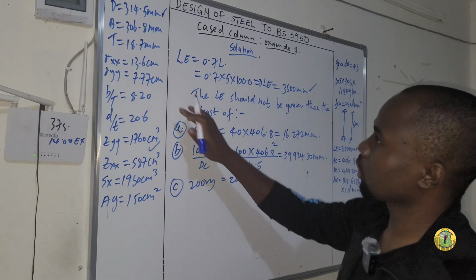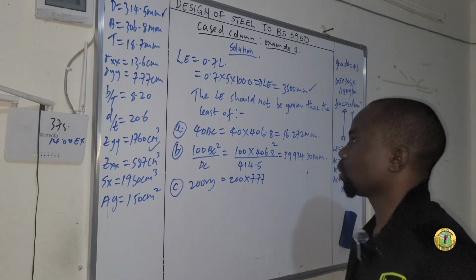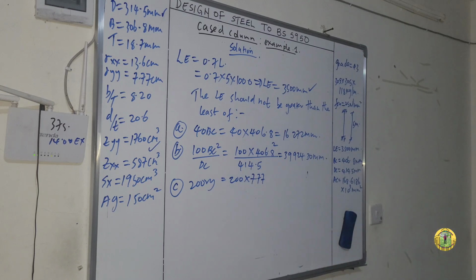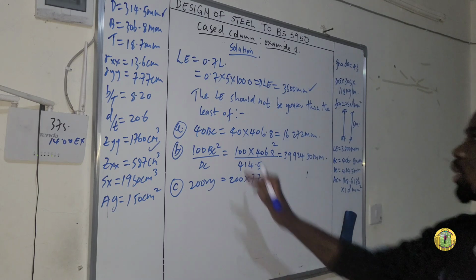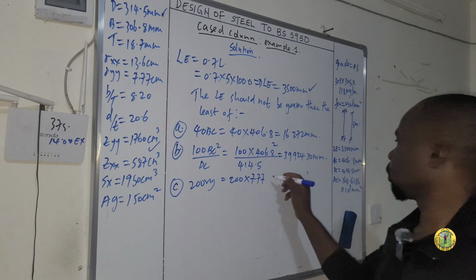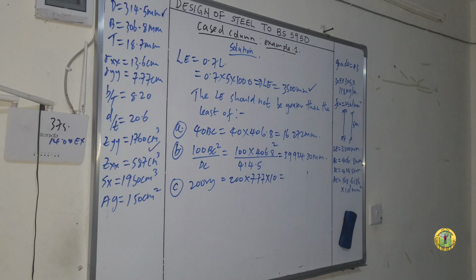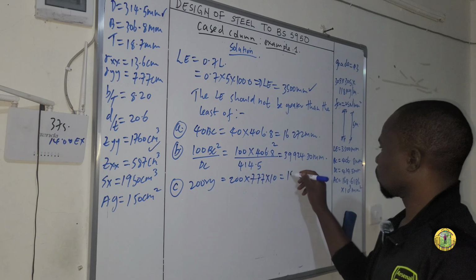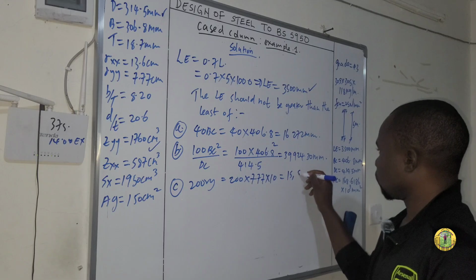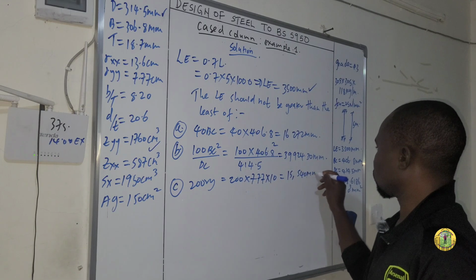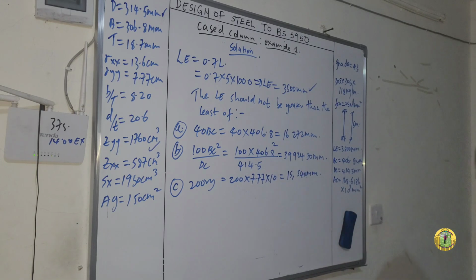This is the radius of gyration about the y axis, 7.77. Because it is in centimeter, you multiply it by 10 to change it to millimeter. So this one is equal to 15,540 millimeters.